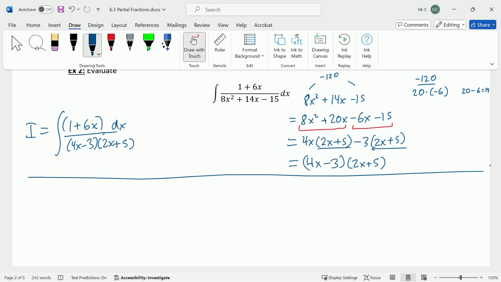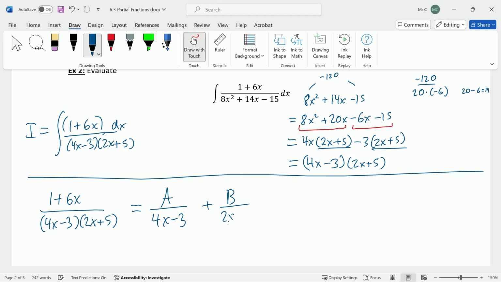Now we're going to do our work on our partial fractions. So when I look at this fraction, 1 plus 6x over 4x minus 3 times 2x plus 5, this is exactly the situation described in case 1 above, which is I've got two linear expressions in the denominator, and so I can rewrite this as a constant over the first linear expression plus a constant over the second linear expression.